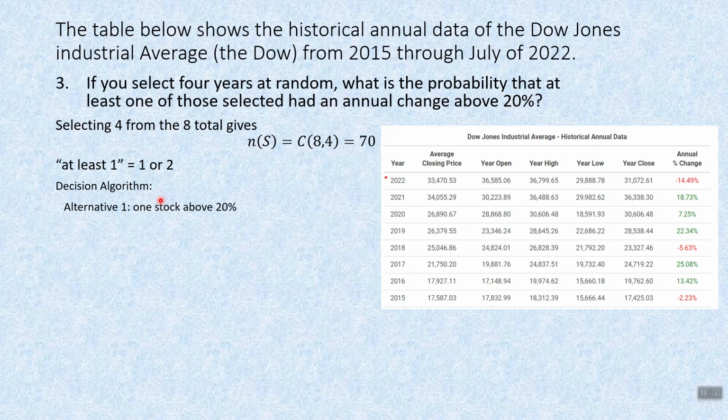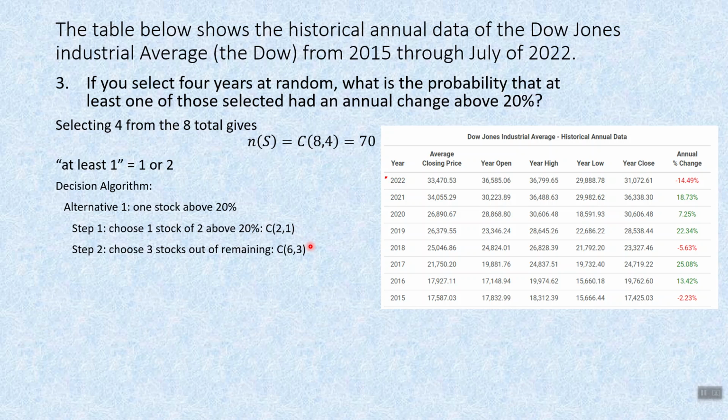Alternative 1, one stock is above 20%. So we choose one of the two that are above 20%: C of 2, 1. And then I want 3 from the remaining, because I want a total of 4. Well, if 2 of them are above 20% and we have 8 total, there must be 6 that are not above 20%. The 2 and the 6 give us a total of 8. The 1 and the 3 give us the total we want of 4.